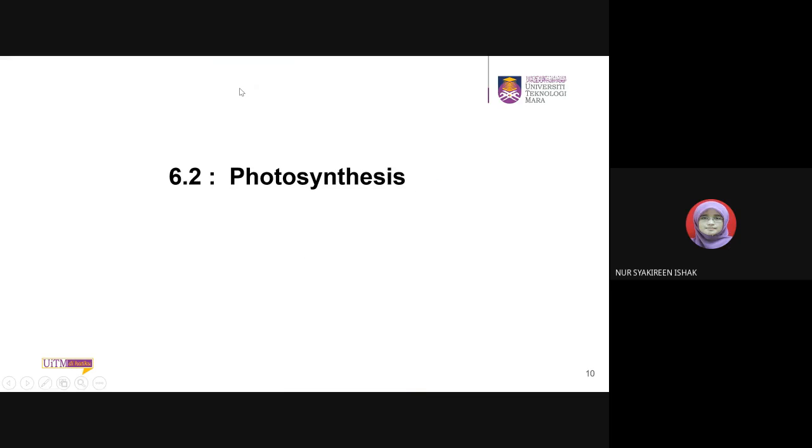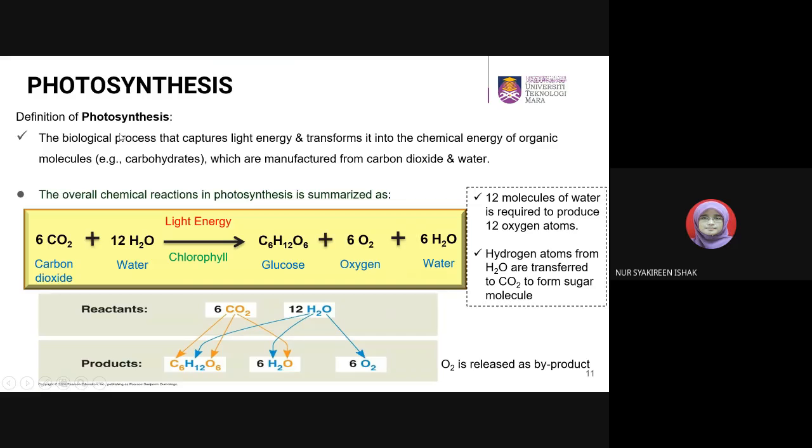Okay, so photosynthesis. This is the definition of photosynthesis, which is the biological process that captures light energy and transforms it into the chemical energy of organic molecules, which are manufactured from carbon dioxide and also water.